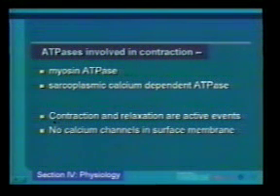Now, a common question that students sometimes ask at this point is how many ATPs are involved in contraction? Now, there is no specific answer to that. There are two different ATPases involved in contraction. But you should realize if you are in the contraction mode, you have continuous cycling of the cross bridges, and lots of ATP will be broken down due to cross-bridge cycling.